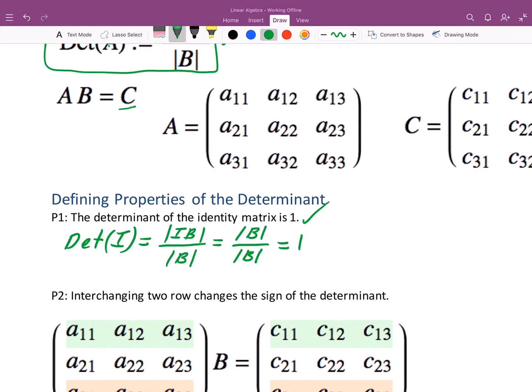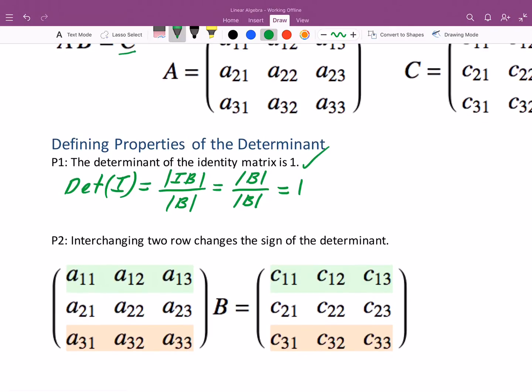The next property says interchanging two rows changes the sign of the determinant. So here's A times B equals C. Now what happens when I interchange two rows of A? Remember that the first row of A in A times B is responsible for the first row of the answer, and the last row of A is responsible for the third row of the answer.